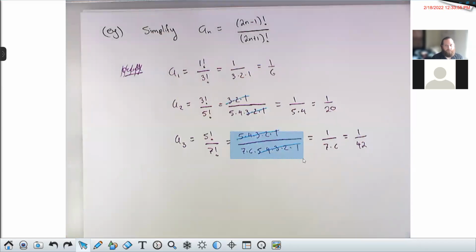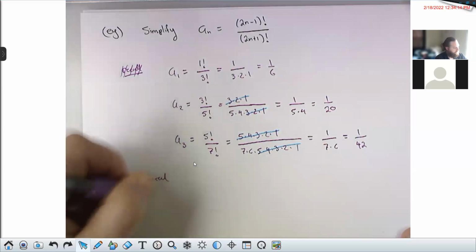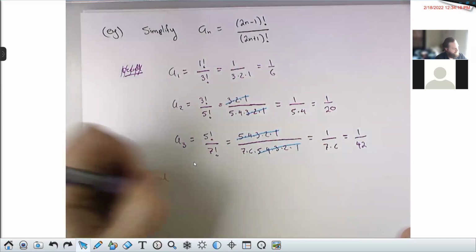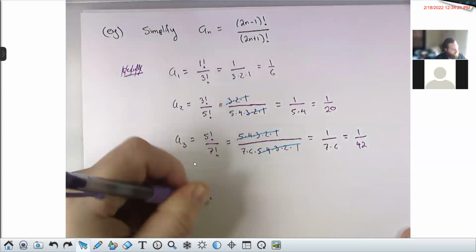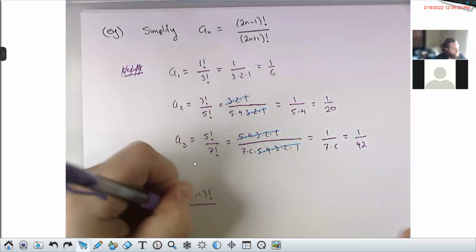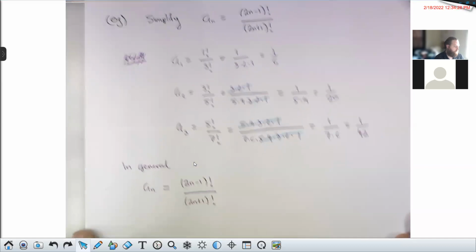Well, you want to do this thing, but instead of doing it when n is equal to 3, you want to do it in general when n is just n. And that requires writing out 2n minus 1 factorial and 2n plus 1 factorial. So what's going on?